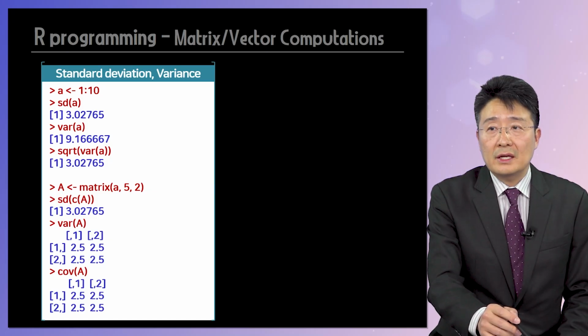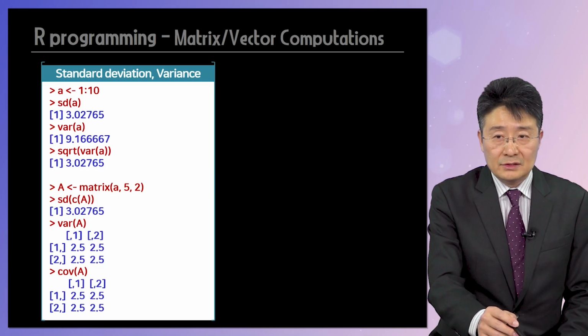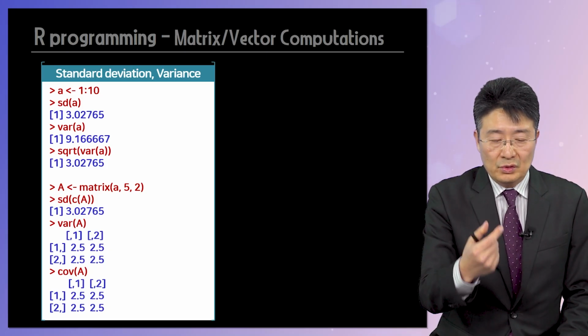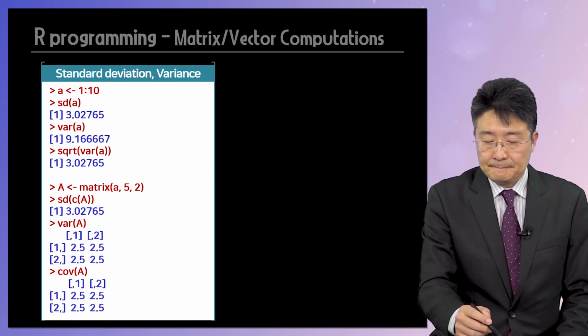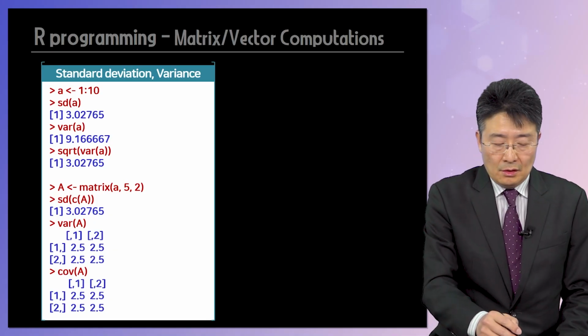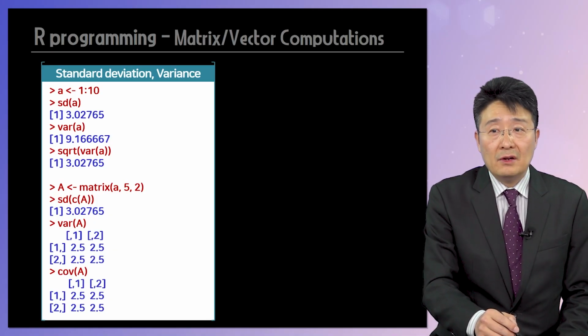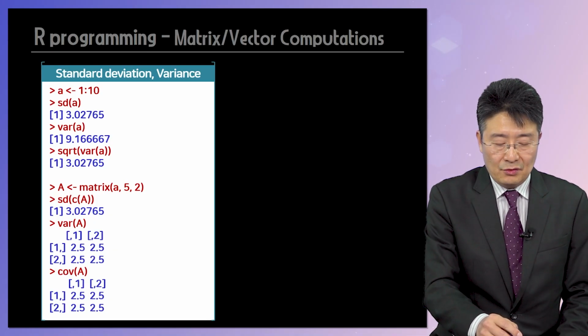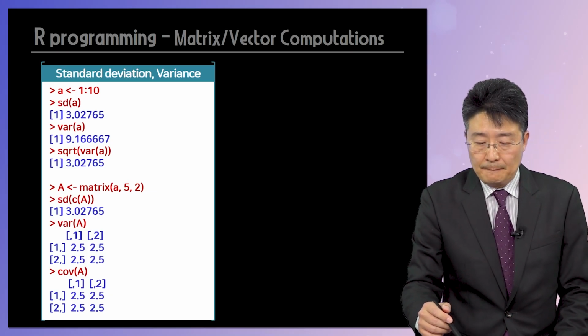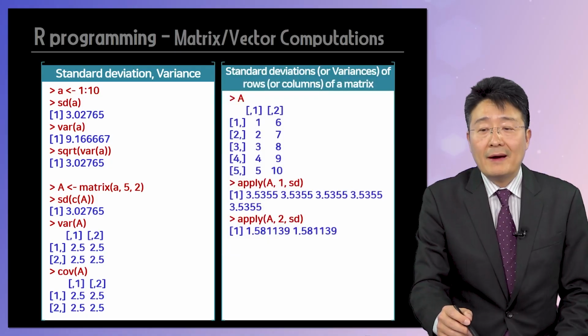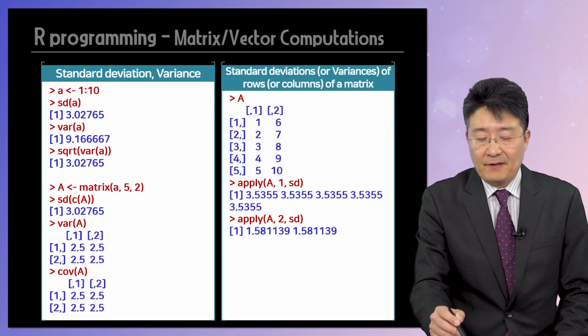Also, you can calculate the variance first, and then the square root of the variance, which will be the standard deviation. Also, if you are familiar with statistics, you may calculate the covariance matrix.